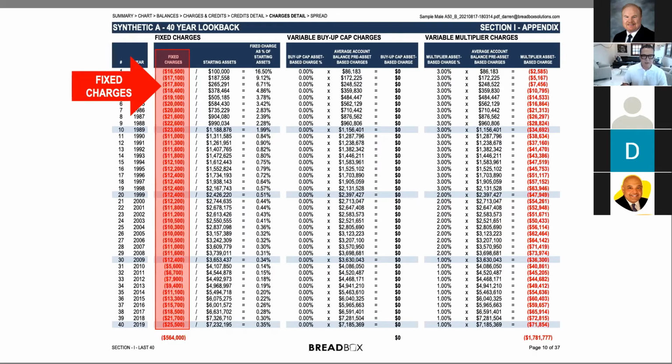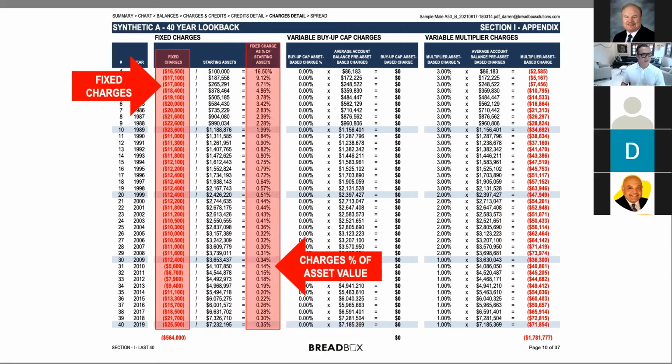And if you compare that to the asset value, as a percentage of asset value, if you look down where that big red arrow is at the bottom, by the time you hit year 31, the charges are 14 basis points of the total value. That's less than a Vanguard ETF SPDR account.